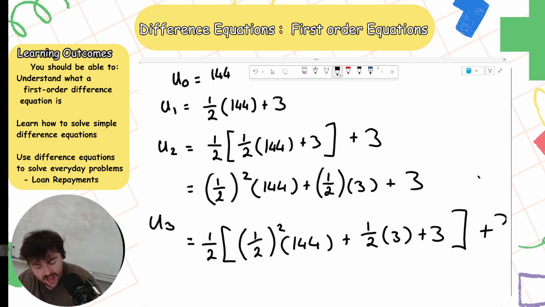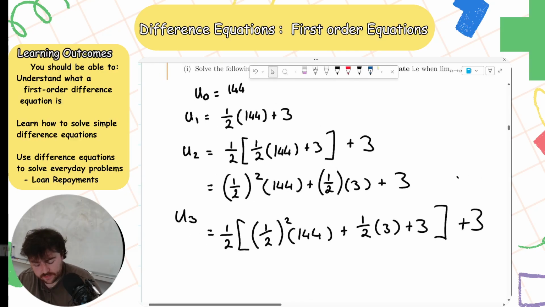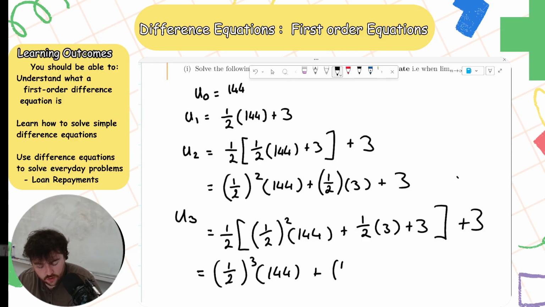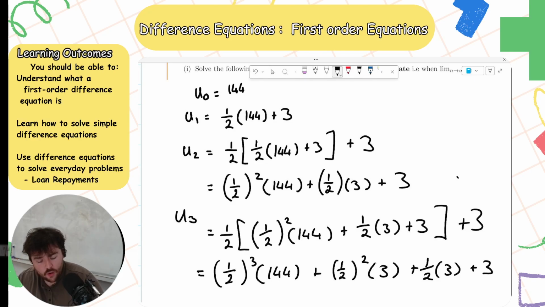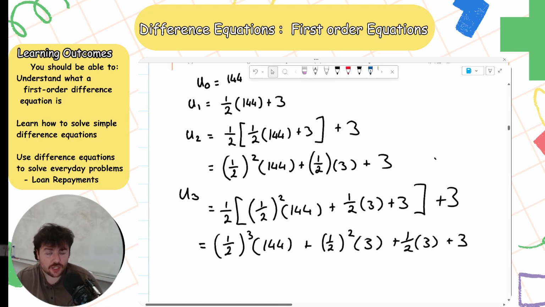And then I add 3 on the outside. So U3 is going to be 1 half cubed times 144 plus 1 half squared times 3 plus a half times 3 plus 3. And we are starting to notice a pattern here.